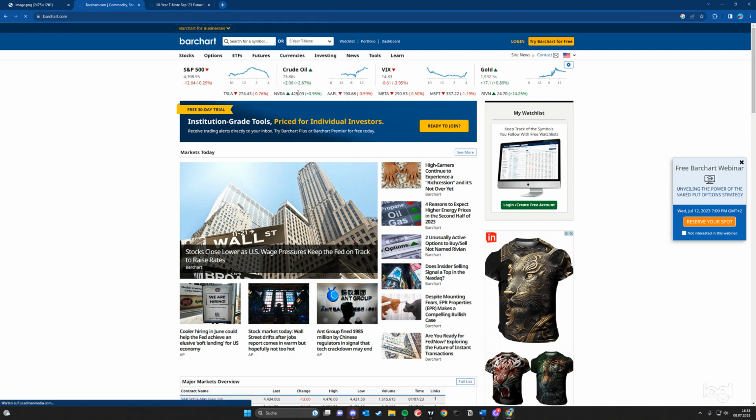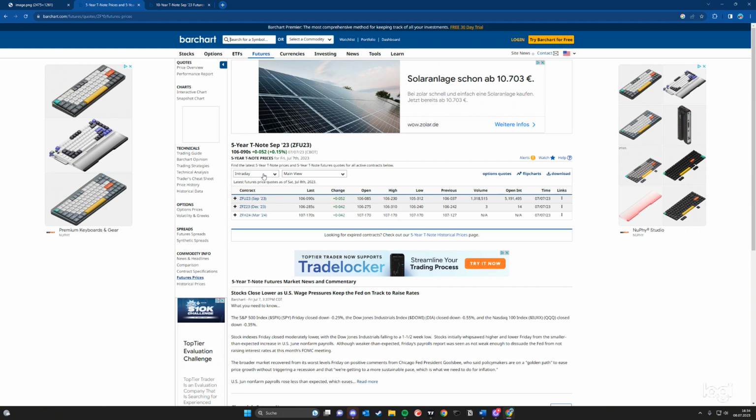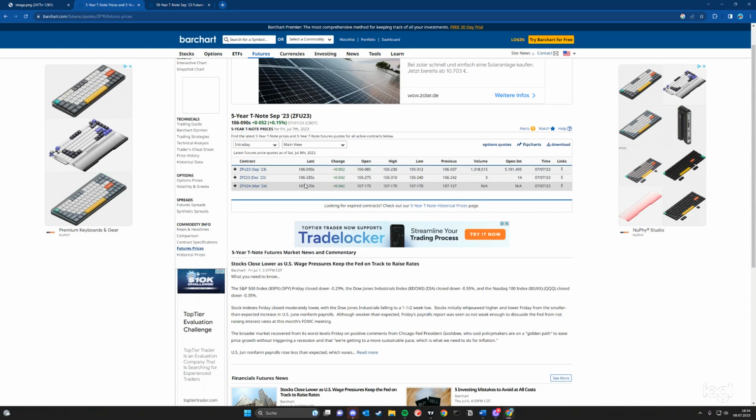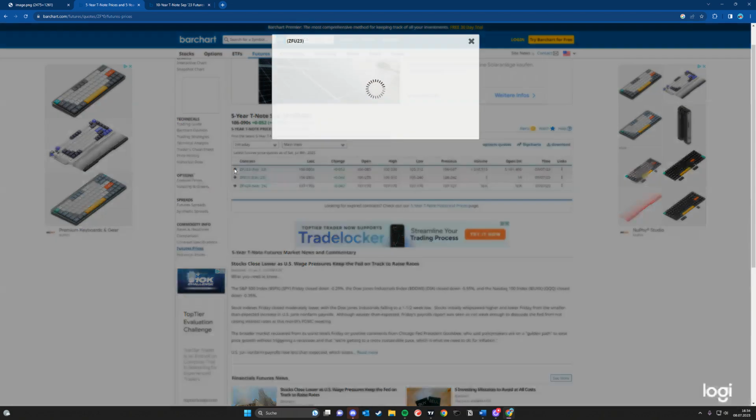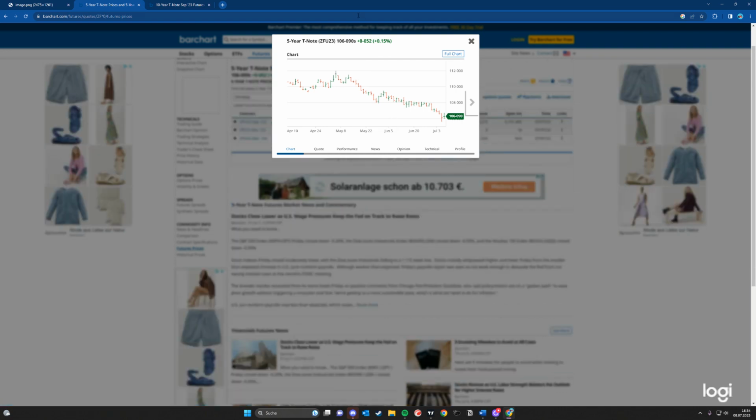Here it is, right? The 5-year note. Let me just... So we need the 5-year note, which is this for a chart.